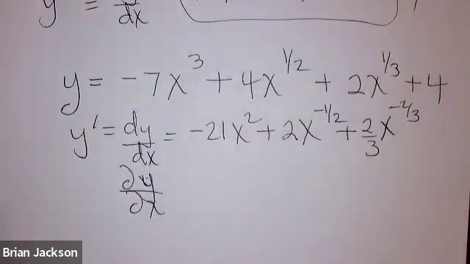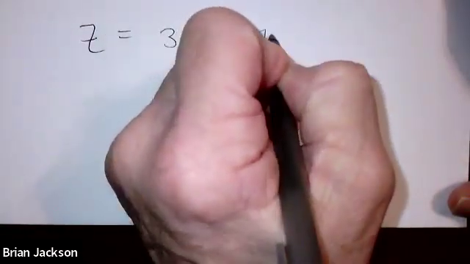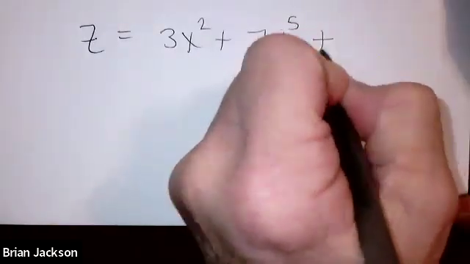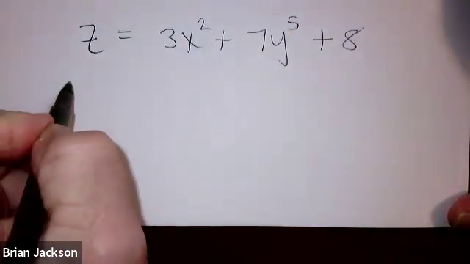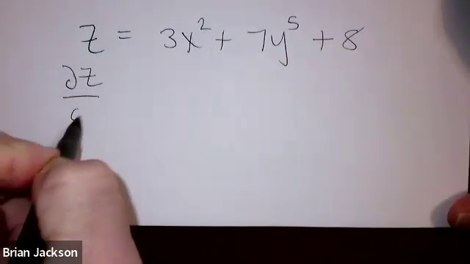Let me give you an example of that just to make sure we understand. Say z is 3x squared plus 7y to the 5th plus 8. Then I can find the derivative of z with respect to x.